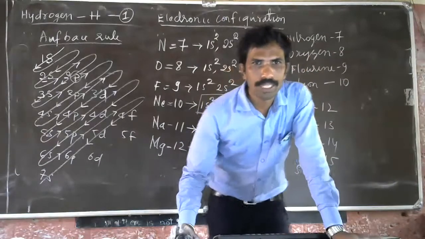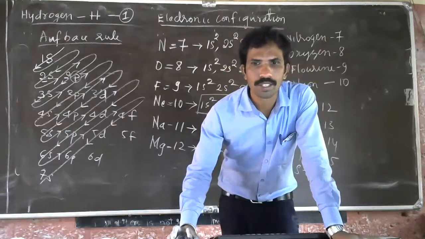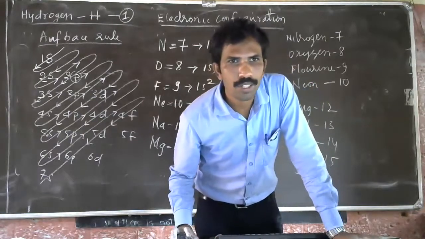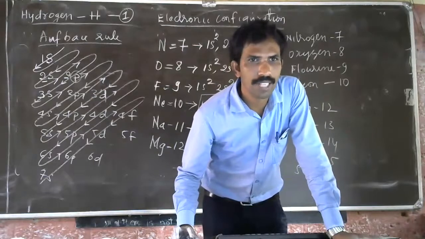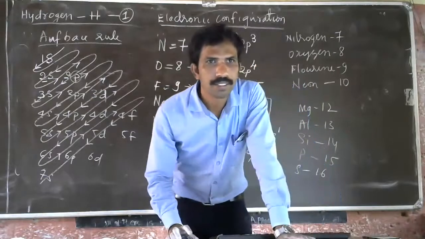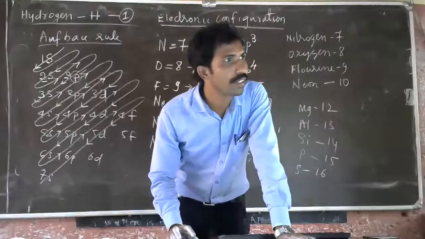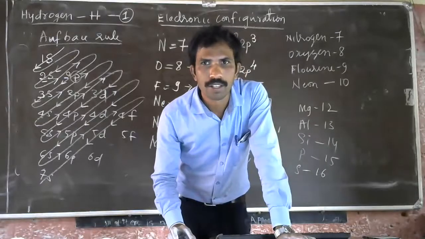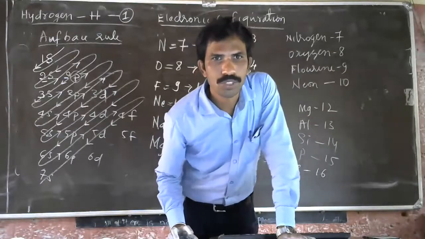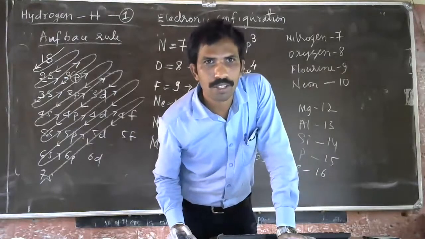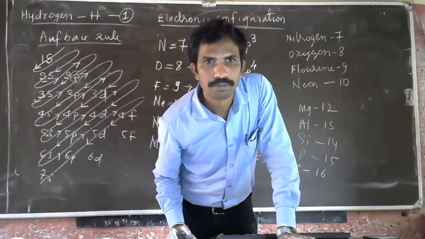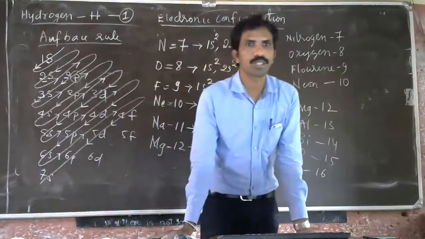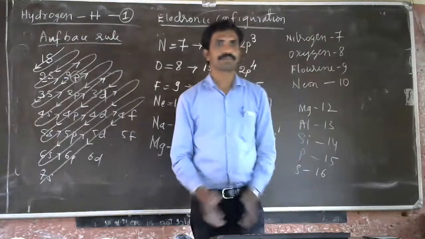Bhumika, right. You are following the rule. Sushrita, not clearly visible. Yeah, Shashank Hegde, right. Sushrita, I am not able to see you. 3s2, 3p. Yeah, right. Sushrita also right. Shashank Hegde, right.